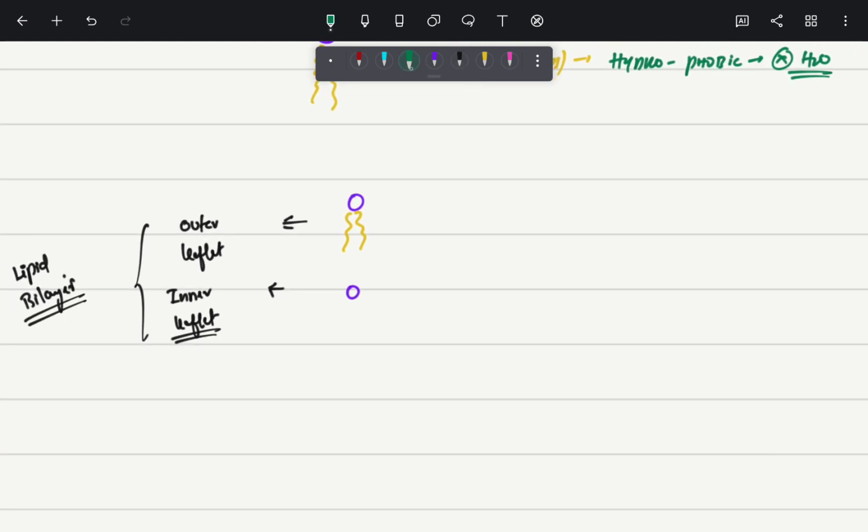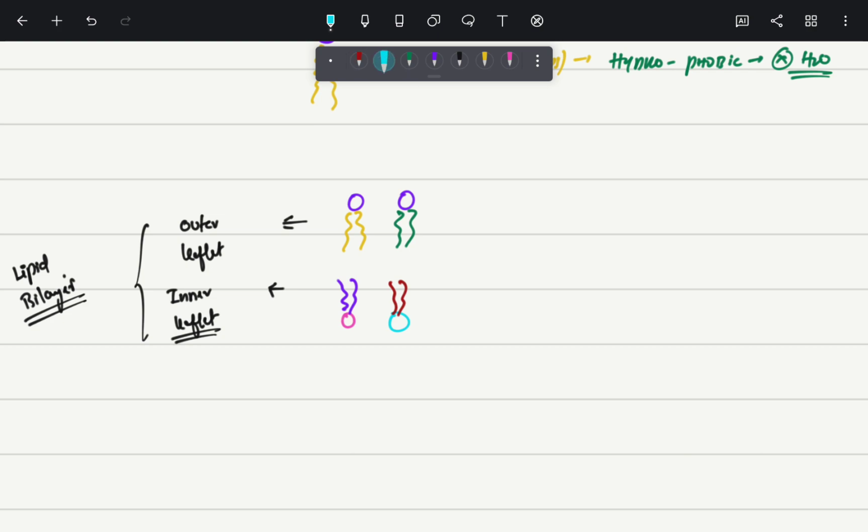As you can see here, the outer leaflet has phospholipids. This is the phosphate and this is the lipid. I am going to draw with a different color here. This is the lipid component. Similarly, the inner leaflet will also contain a phosphate and a lipid, and here is another phosphate, and here is your lipid.